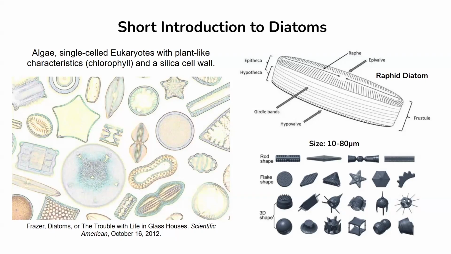But there are all sorts of different shapes: rod shapes, plate shapes, and various 3D shapes. Now, that being the case, there are a lot of different modes of locomotion, and we'd like to understand that locomotion to be able to predict it, and then be able to predict the mechanisms of that locomotion. And then of course, being a very small organism, we can really get down into the details of what makes something move.